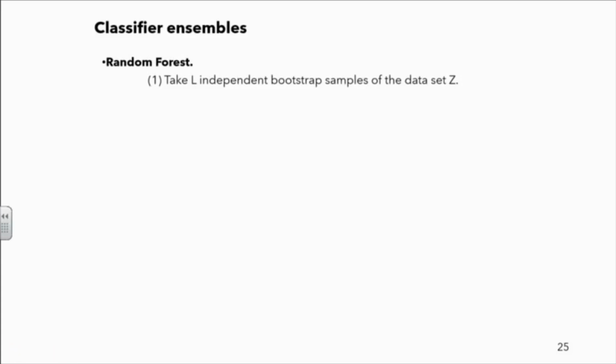The last one we're going to see is called random forest. We take L independent bootstrap samples of the dataset Z. We train a random tree classifier on each sample. That's the type of classifier we've seen before.